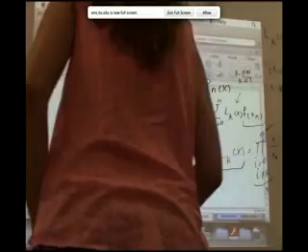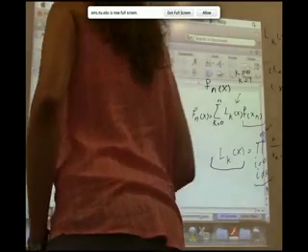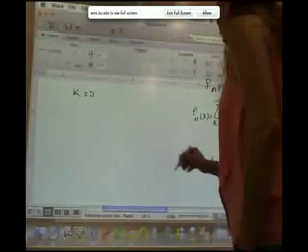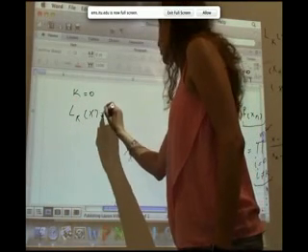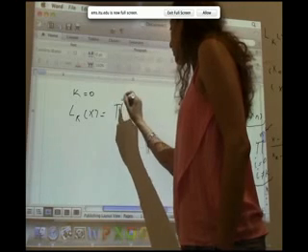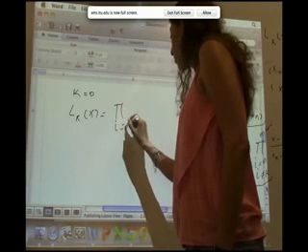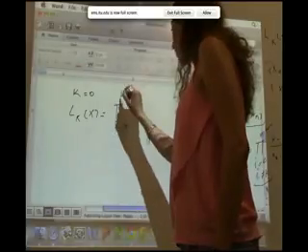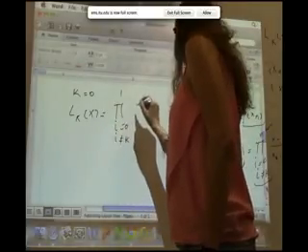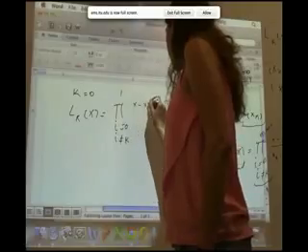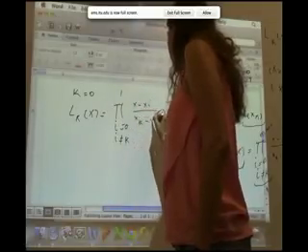So my k is 0. If my k is 0, my Lk of x is equal to the product from i equals 0 up to 1, i is not equal to k, of x minus xi divided by xk minus xi.